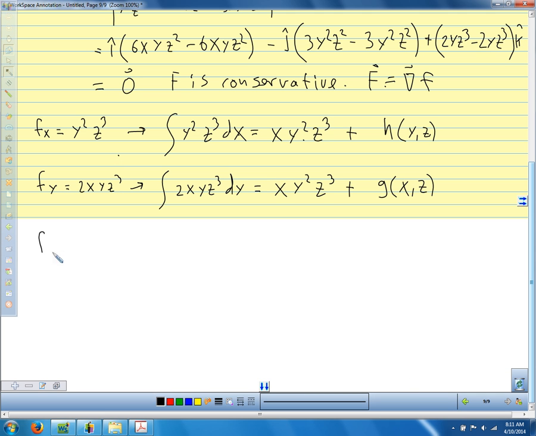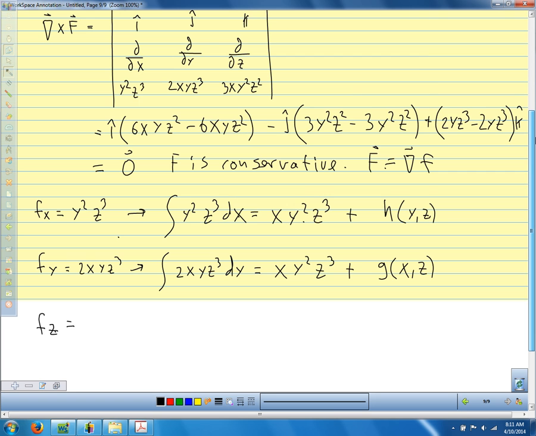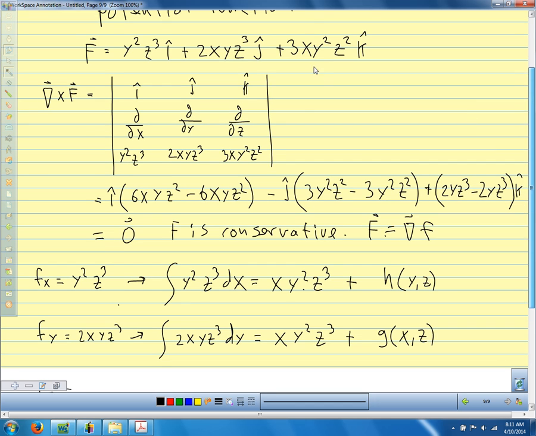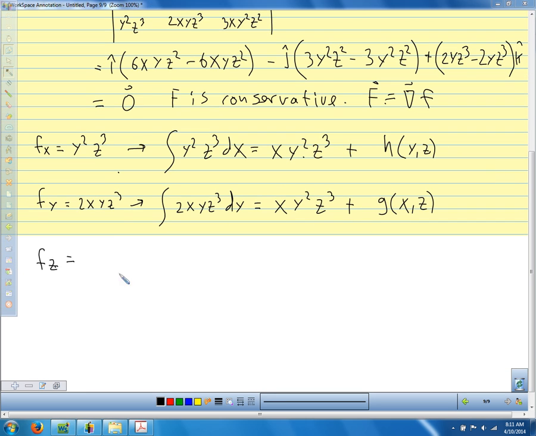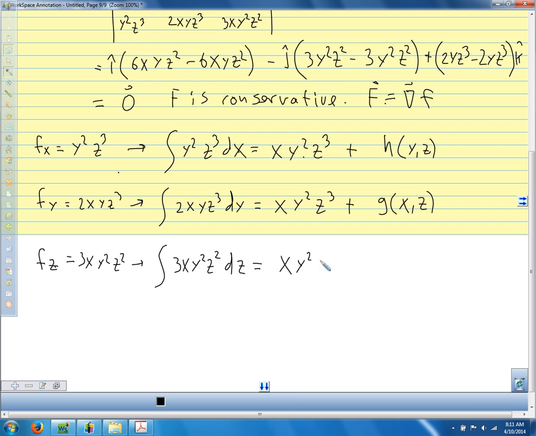And then finally, our partial derivative of our potential function with respect to z is 3xy squared z squared. So we'll integrate that with respect to z. And we get xy squared z cubed plus some function possibly of x and y.